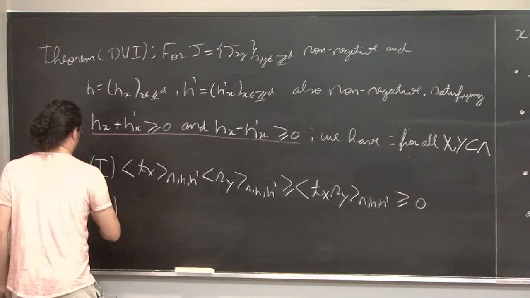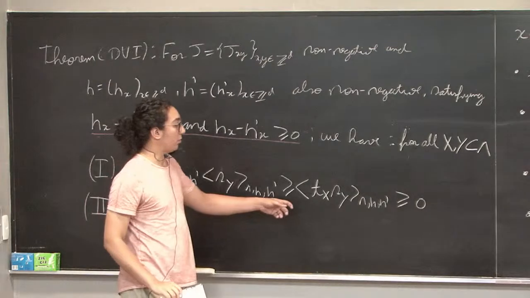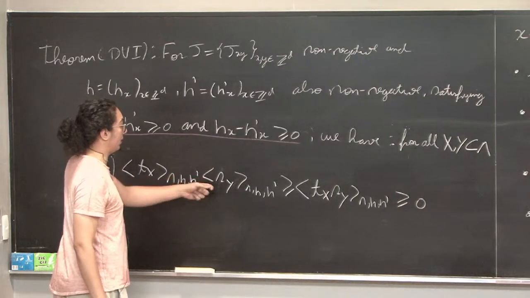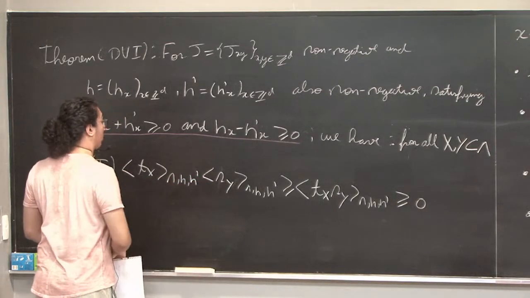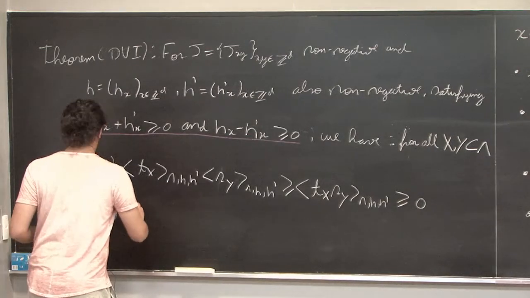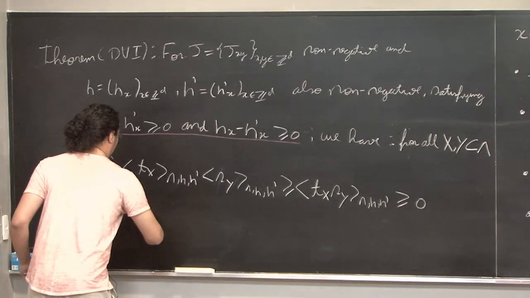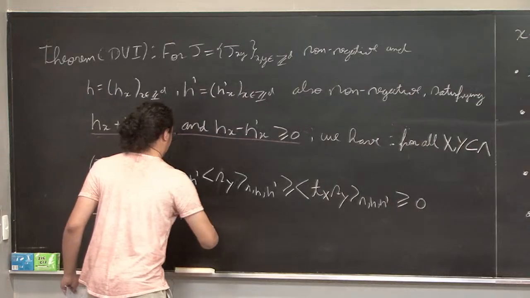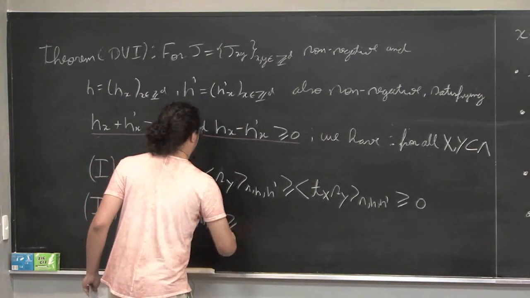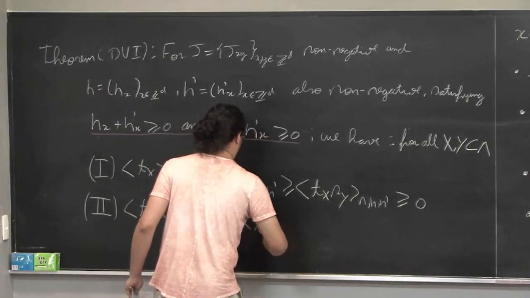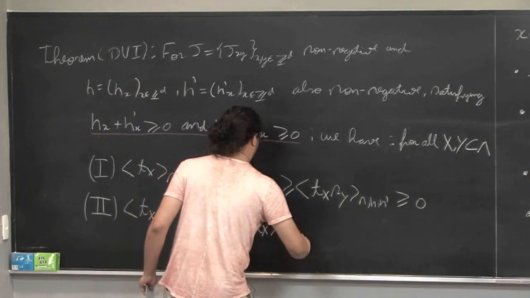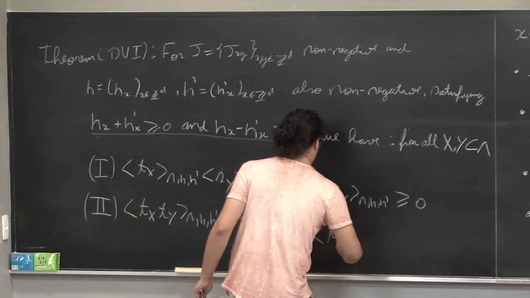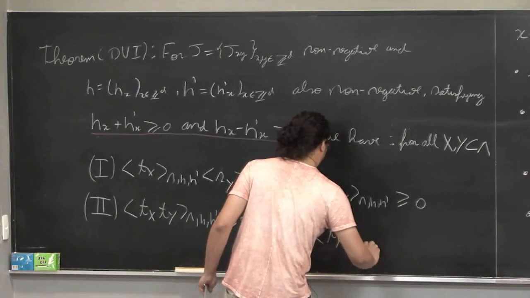The second one, meaning that these things are negatively correlated. But when you put T and T or S and S, they are positively correlated, which reads this. So T_x T_y at lambda h prime is bigger than the product T_x at lambda h prime times T_y at lambda h prime.